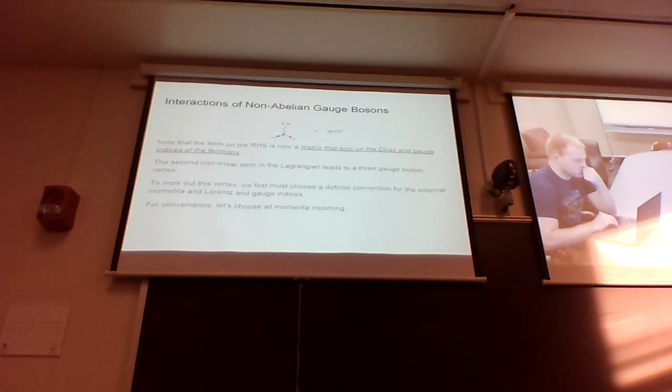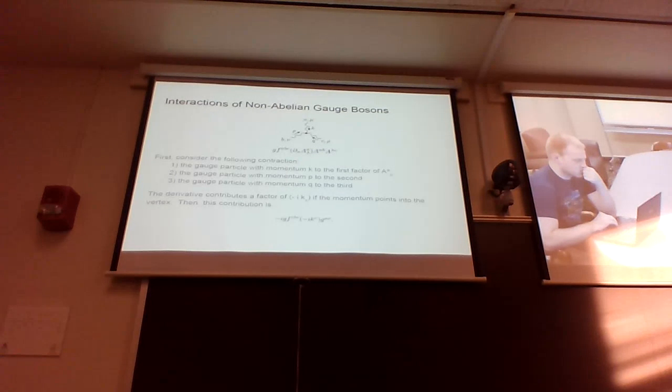For example, I know it's a cubic interaction, so it's a vertex that has 3 gauge bosons attached. I've chosen a convention where I'm taking all the momenta inwards, just for ease.